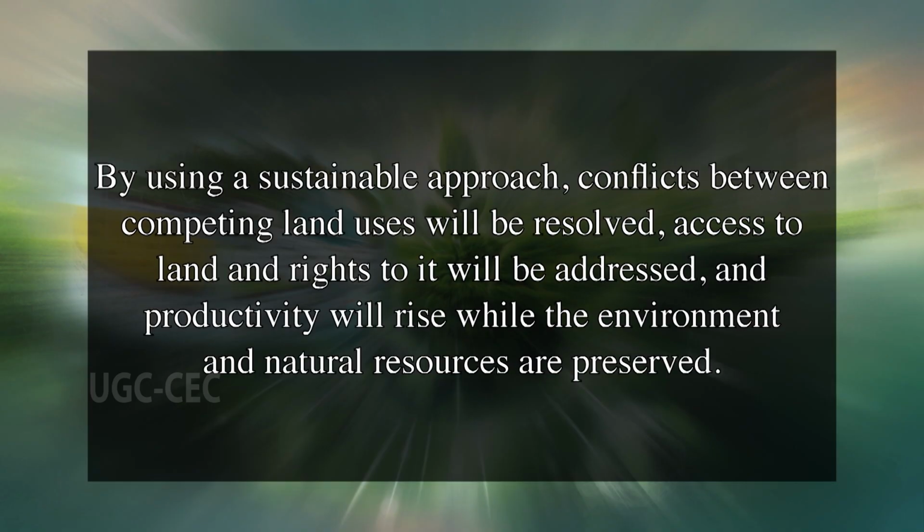Due to growing human demands, land is becoming a scarce resource, especially high-quality land for primary biomass production and conservation. By using a sustainable approach, conflicts between competing land uses will be resolved, access to land and rights to it will be addressed, and productivity will rise while the environment and natural resources are preserved.